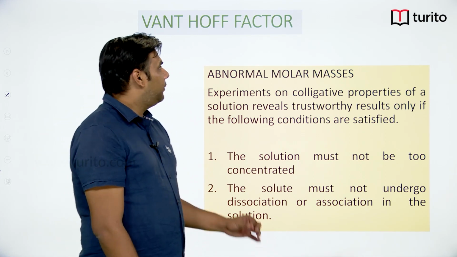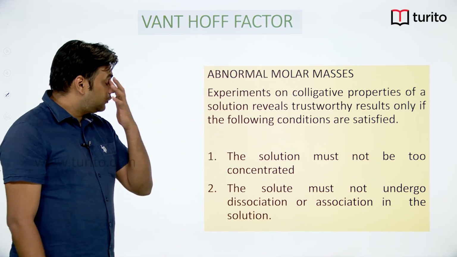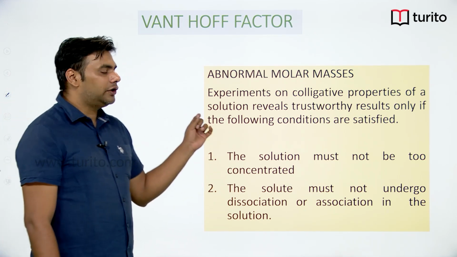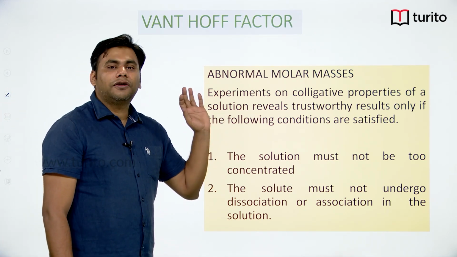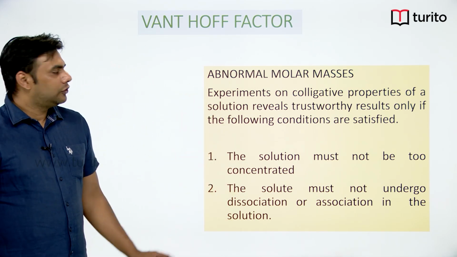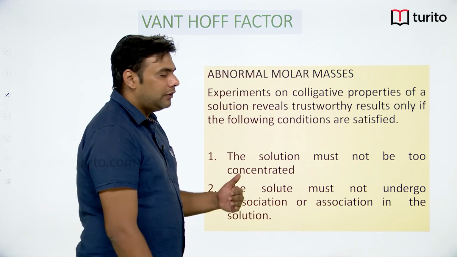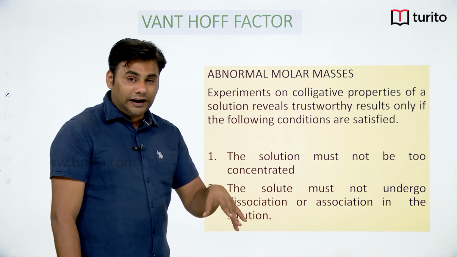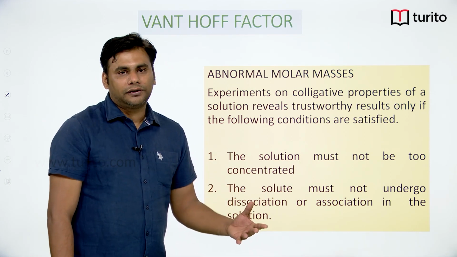Now it was observed that experiments on colligative properties of a solution reveal trustworthy results only if certain conditions are satisfied. Through colligative property experiments we can find out the unknown molar mass of a compound.